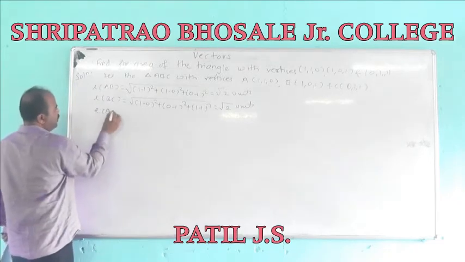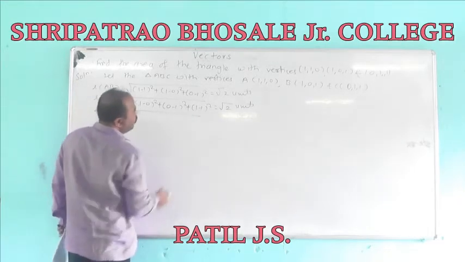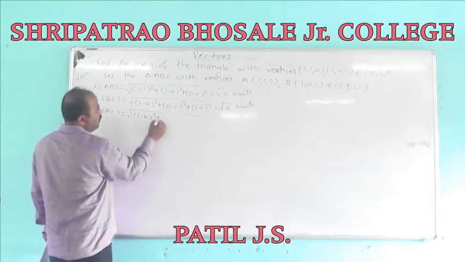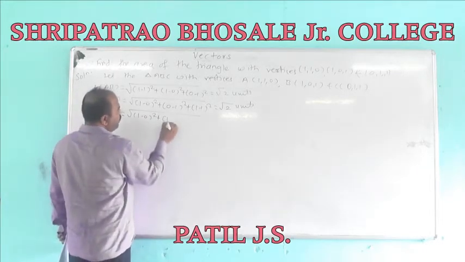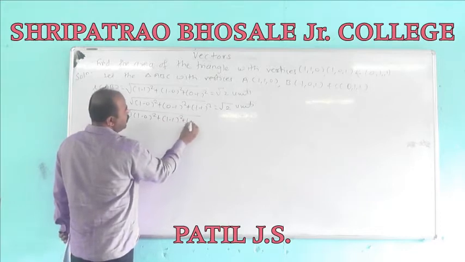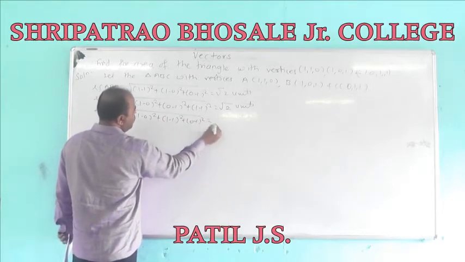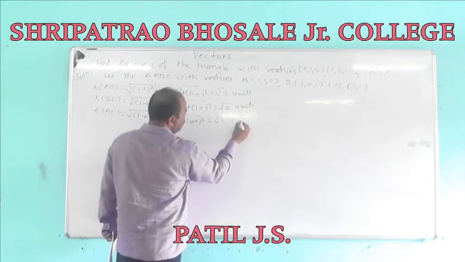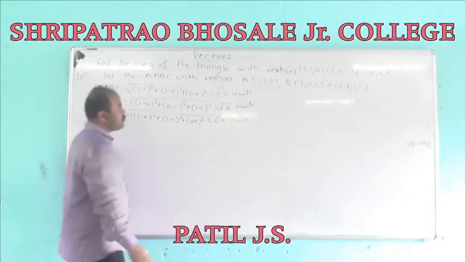And then AC is equal to the square root of (1 minus 0) square plus (1 minus 1) square plus (0 minus 1) square. Already this is the same, that means equal to root 2 units.